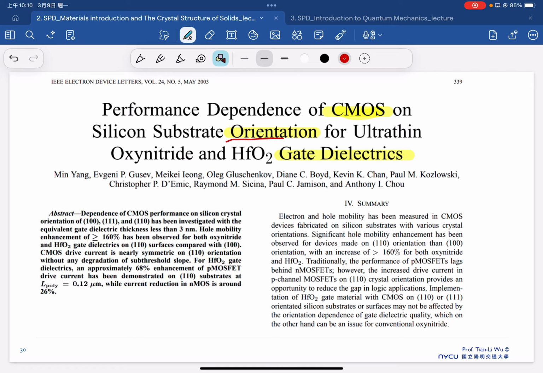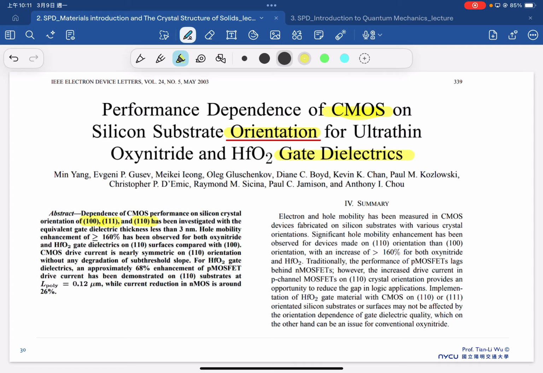Most of you might feel that the Miller index is sometimes way too simple. It's not that difficult. But as you can see from this literature, it's still very important, because this paper is talking about orientation. But how do we define the orientation? We need to use the knowledge coming from the Miller index. So as you can see in the abstract here, the dependence of CMOS performance on silicon crystal orientation of 100, 111, 110.